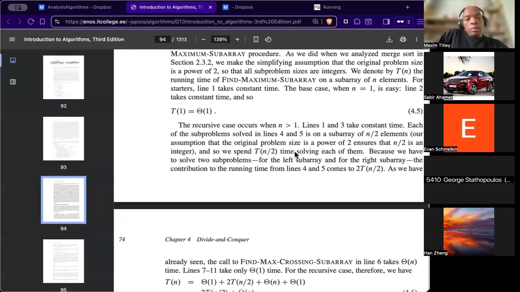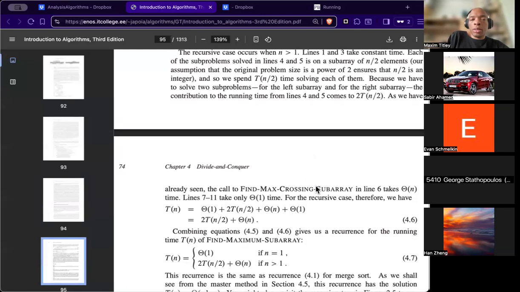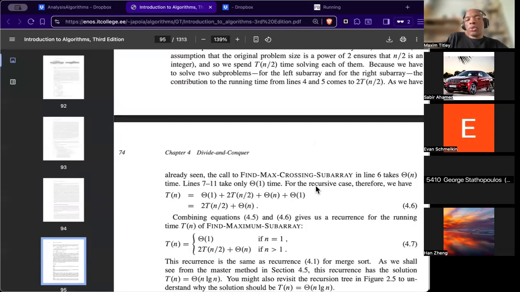Now, further, we've got to see the following. Our assumption is that the original problem size is a power of 2, which ensures that n over 2 is an integer. That doesn't always mean that it's true, but we're just doing that to make things easier, okay? And so we spend n over 2 time solving each of them.